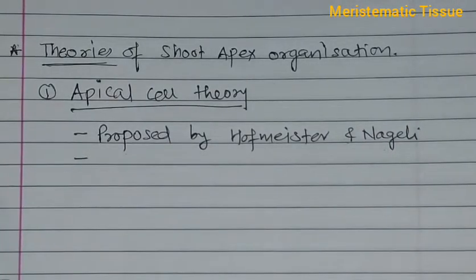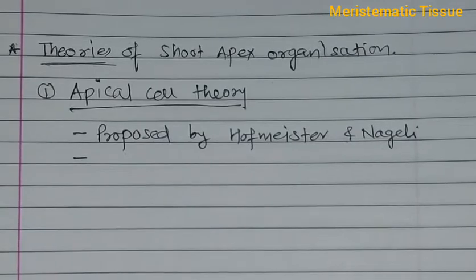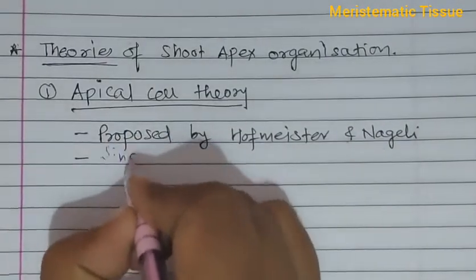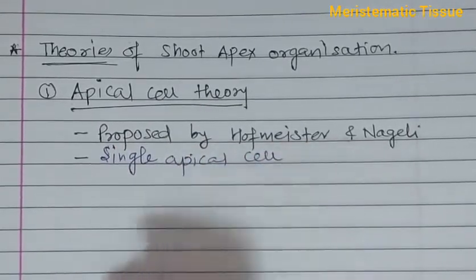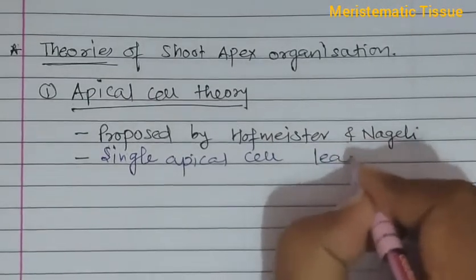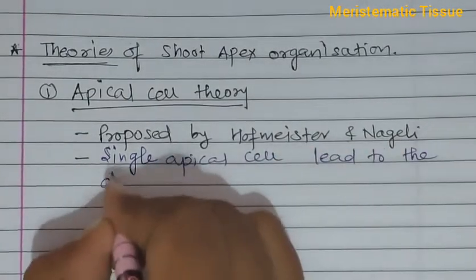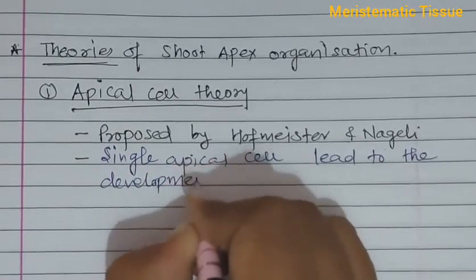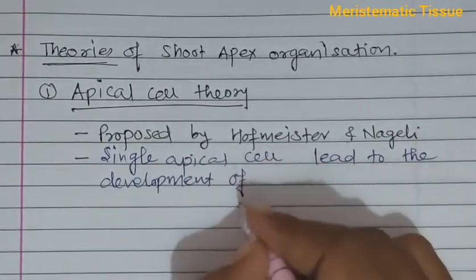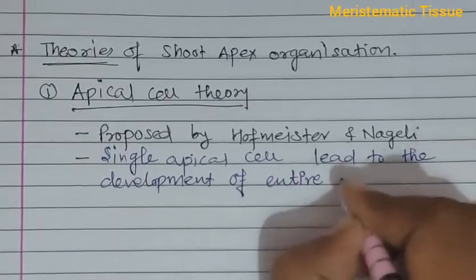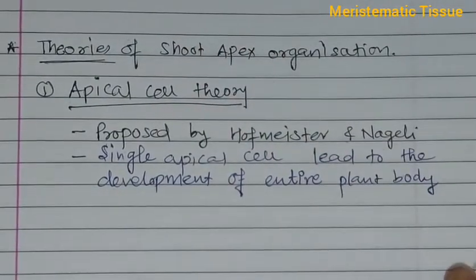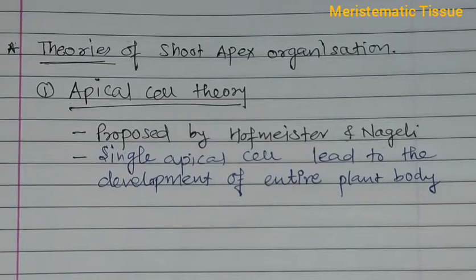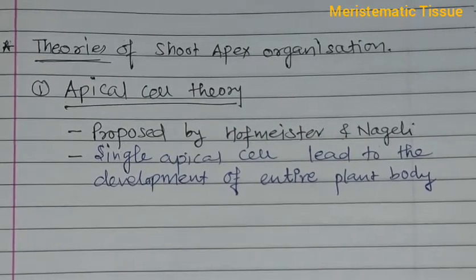According to this theory, Hofmeister and Nageli said that a single apical cell leads to the development of the entire plant body. Means a single cell has the capacity to form the whole plant body, the entire plant body.